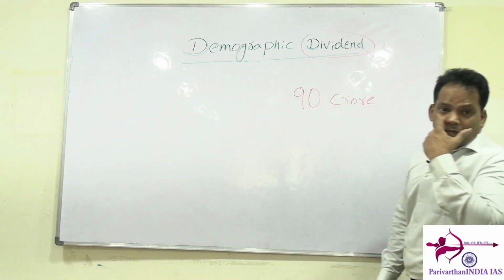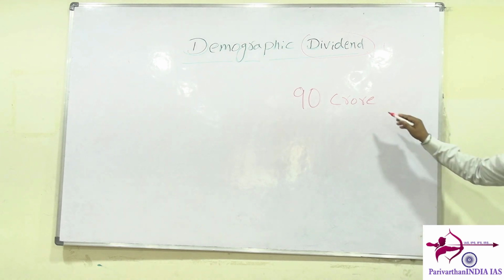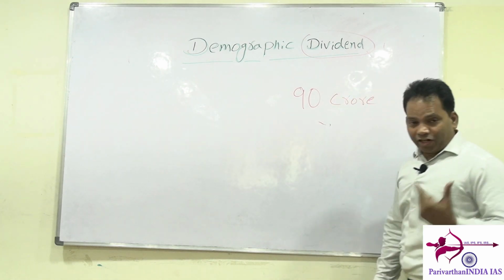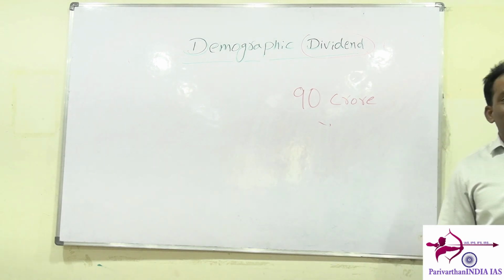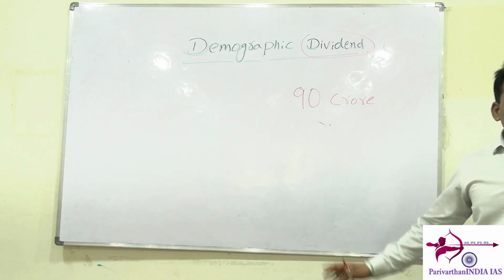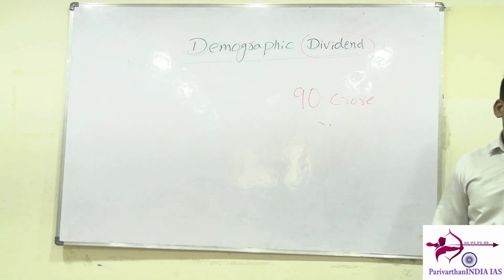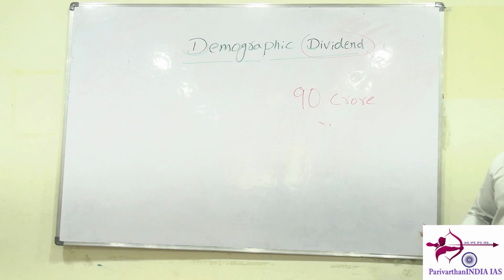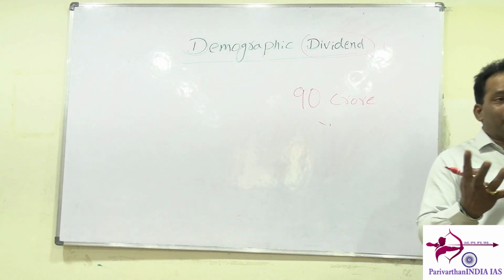Imagine this, and another 10 crore working population will be added by 2030. So by 2030, India will have a 100 crore working army.